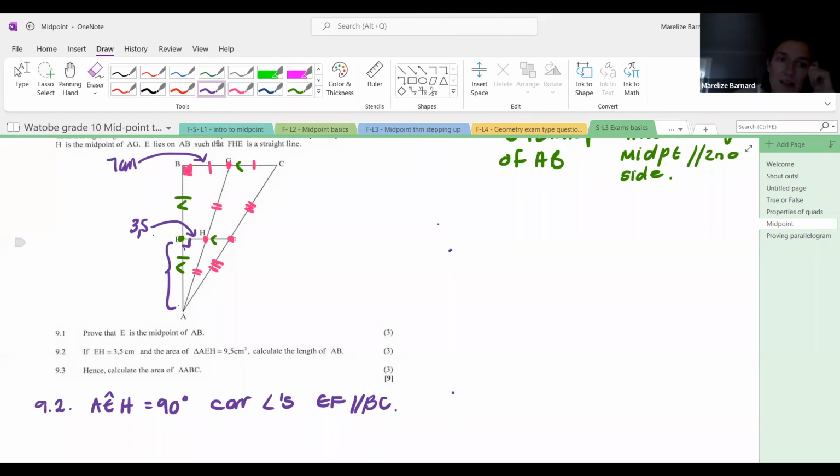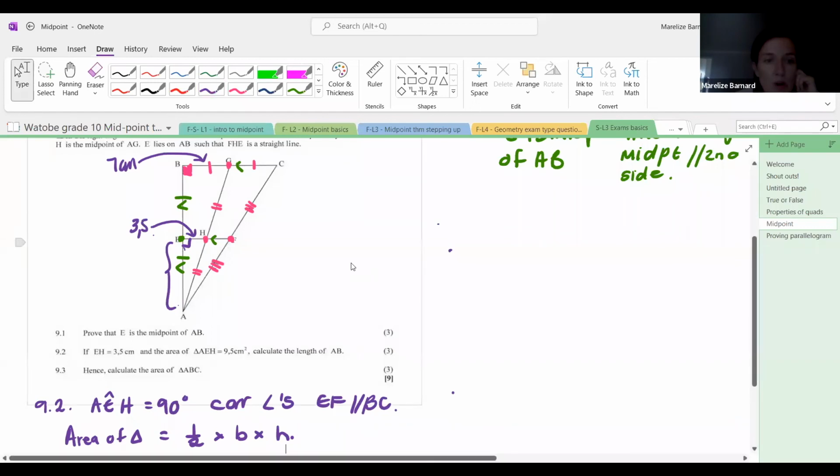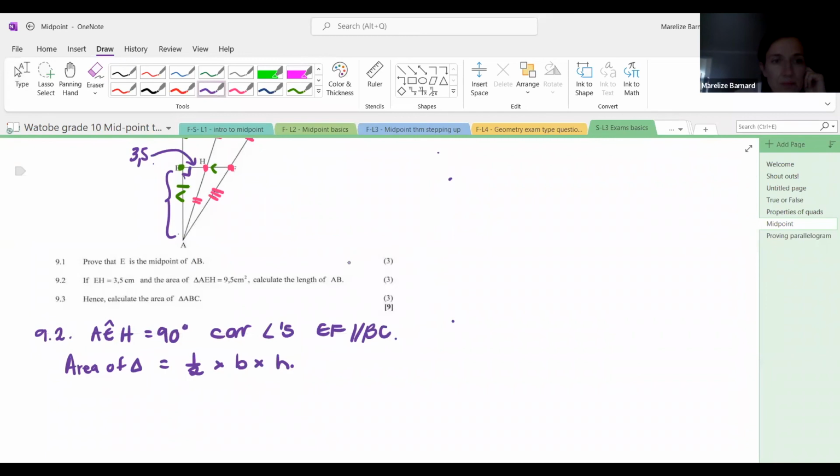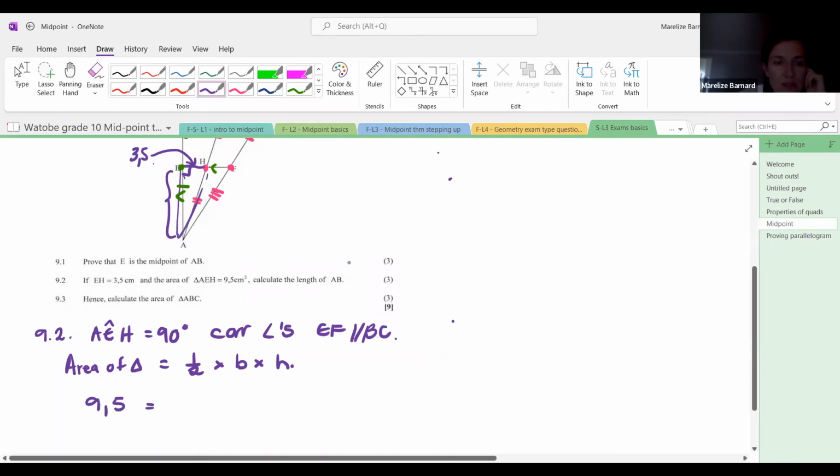And the area of a triangle, if you remember, is half times base times perpendicular height. So we are given the area of triangle AEH, which is this small triangle here. If that area is 9.5, we can substitute it in.